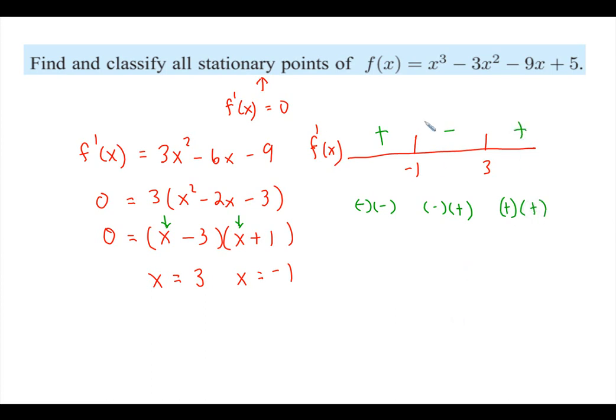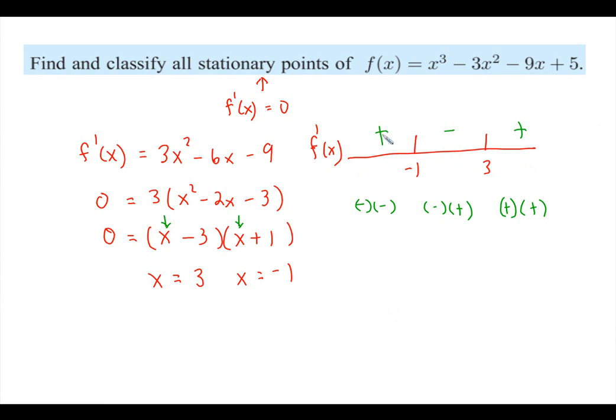One thing, make sure you're careful: these signs don't always alternate. Some students think that if this is positive, the next has to be negative. That's not true. You have to really test some x values to find out if it is positive or negative.